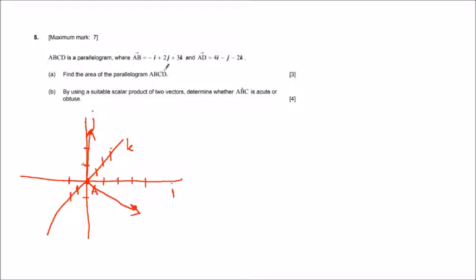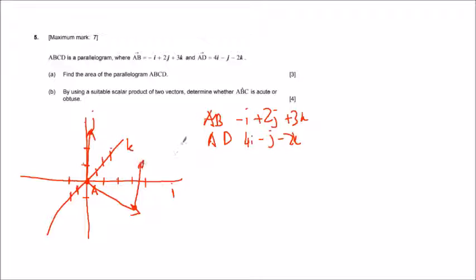Now, how do we know where the C is going to be? We have our AB, minus I plus 2J plus 3K, and AD, 4I minus J minus 2K. We know where C is going to be because of the parallelogram.